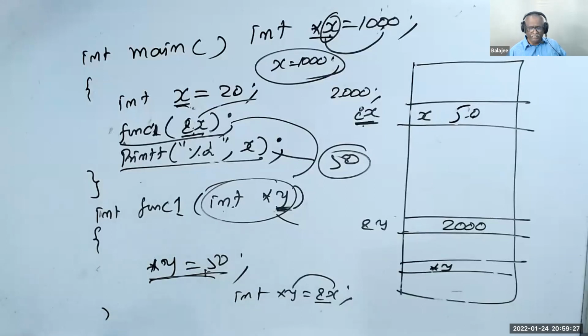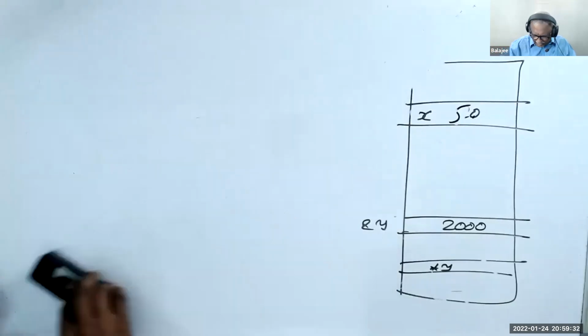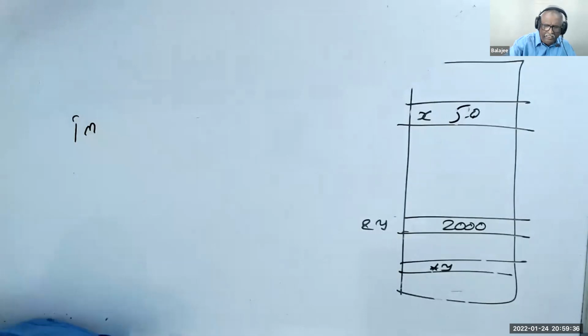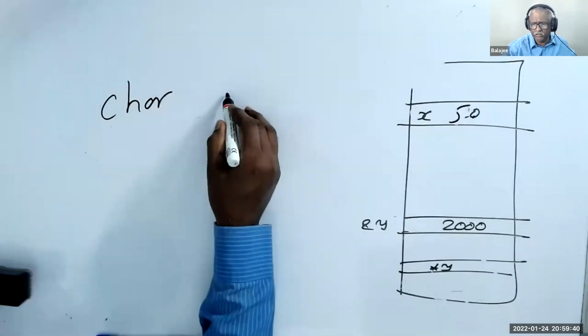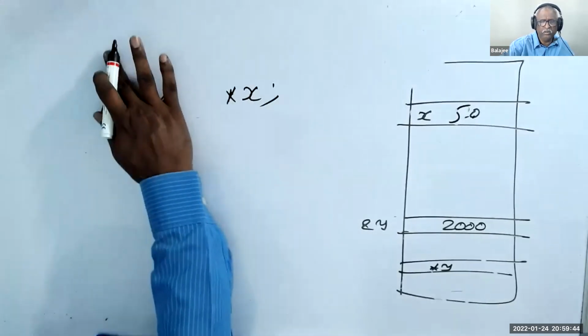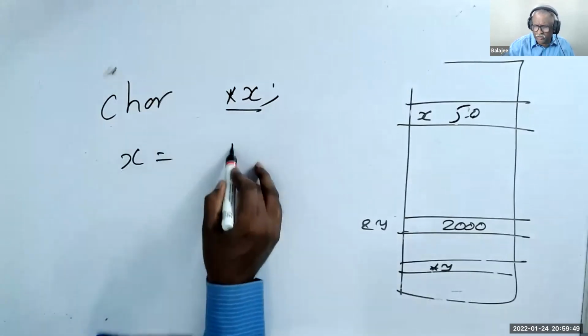Typecasting is basically telling the compiler something. I declared here char star x, and x is equal to 1000.